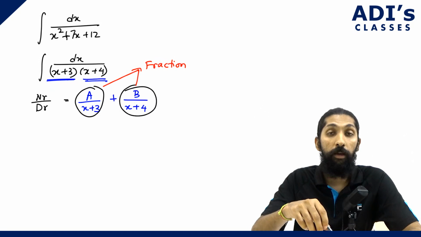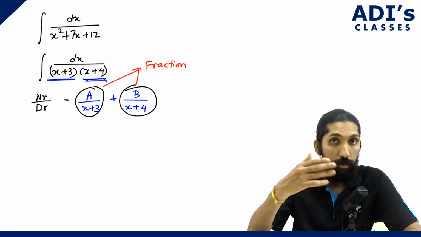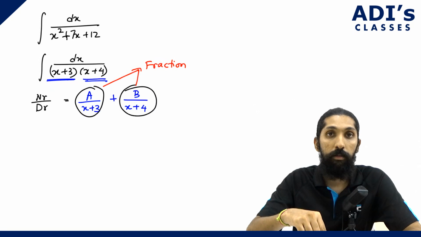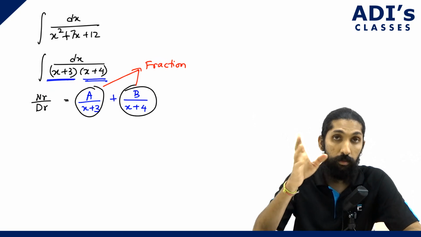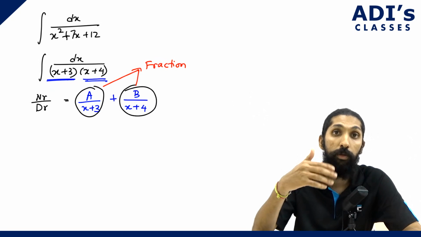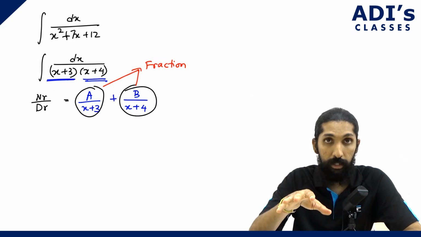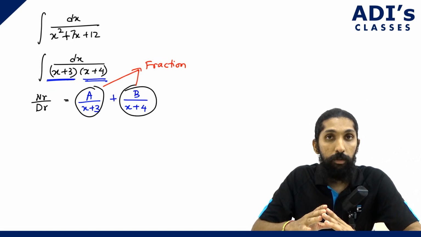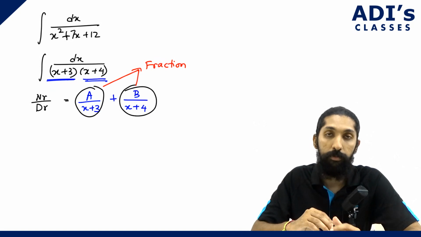For every different type we have a different method of solving it. If you look at this particular table, you have a particular way, as you can see, px plus q by (x plus a) into (x plus b). As you see different methods and variants, we are going to use this as a guideline in solving the rest of the problems.